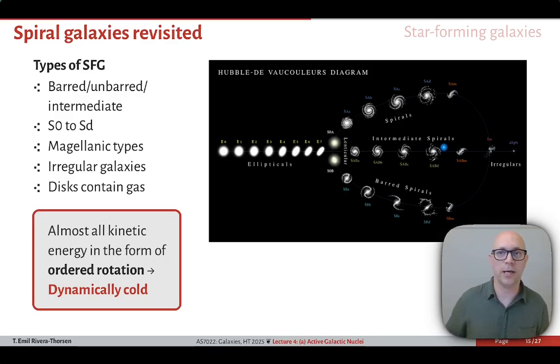On the other hand, in a disk galaxy with a lot of ordered motion, there might be as much total kinetic energy as in the elliptical galaxy, but imagine you are a star somewhere in this galaxy: you will see that the other stars are moving along with you, so the relative motion between these stars in your own little neighborhood will be very modest, and that is why we call them dynamically cold.